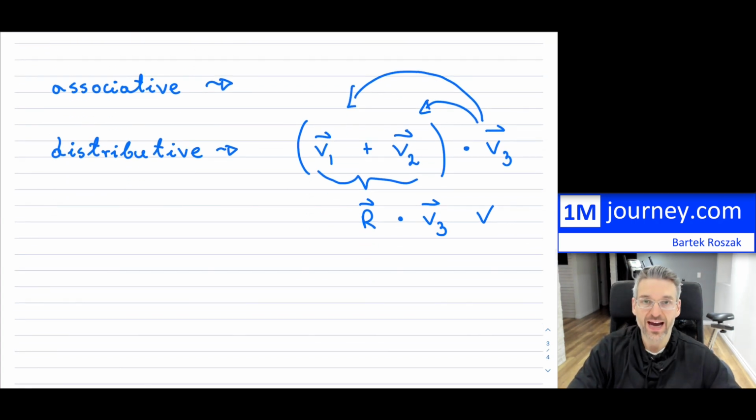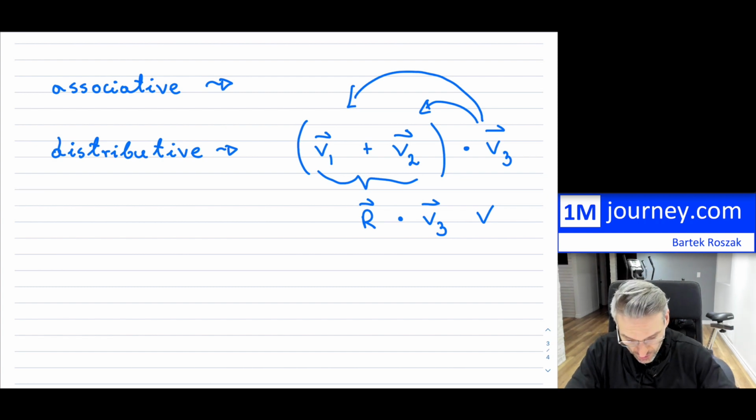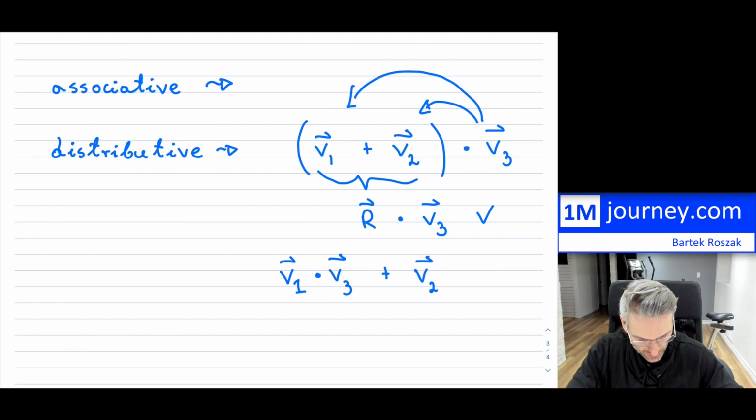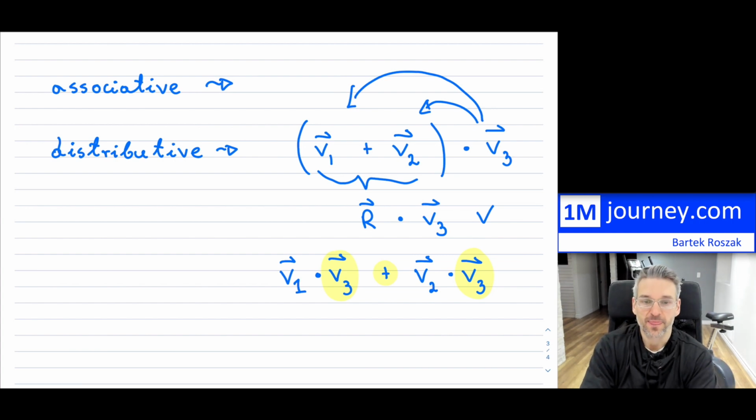So instead of adding two vectors together first, you can take your third vector and dot it first, and then the addition of the two, like you see I'm doing right here. I have distributed my vector v3 onto each one, and it is equal to exactly the same thing.